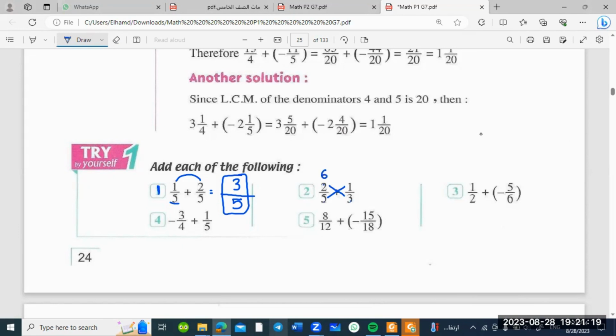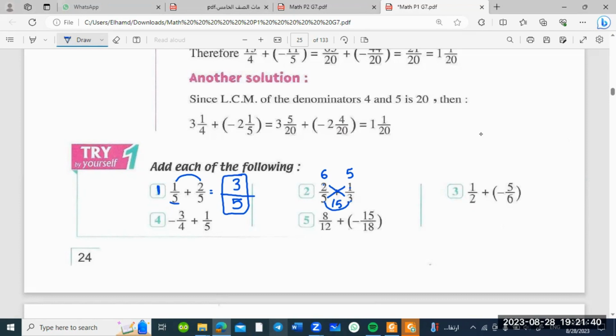And then 5 times 1 equals 5. And down, what should I have down? It's written on the board. It's 15, because I will multiply both denominators together.